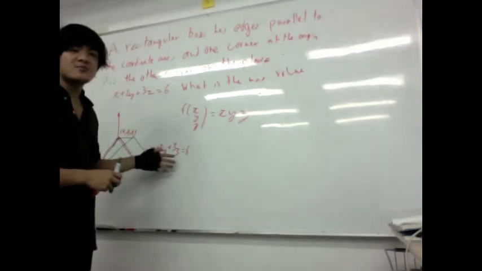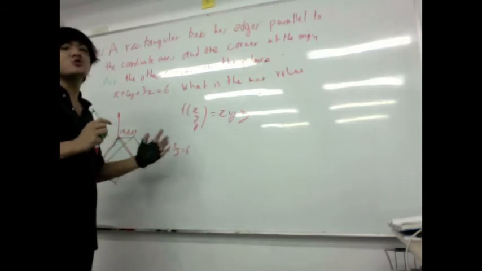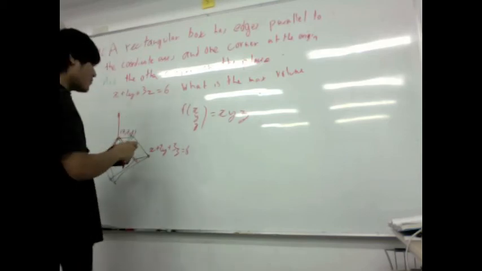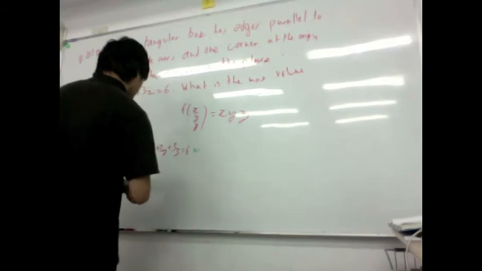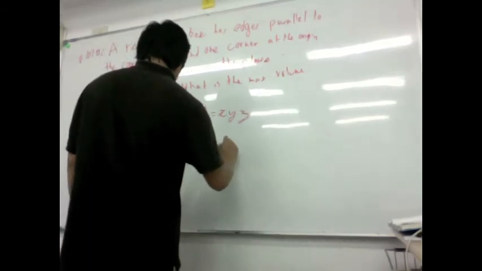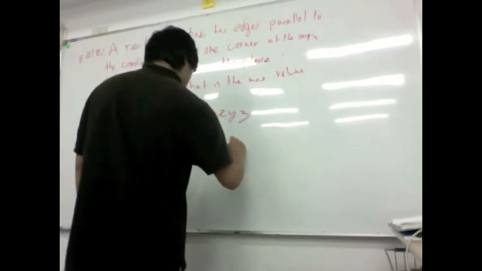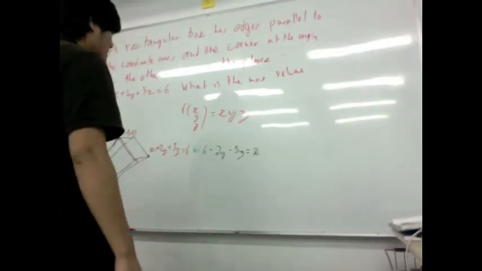This is a plane, and y and z can be anything in the world. But when you choose what y and z are, it determines what x is. Why? Because x plus 2y plus 3z equals 6 is equivalent to saying x equals 6 minus 2y minus 3z. Just move to the right.